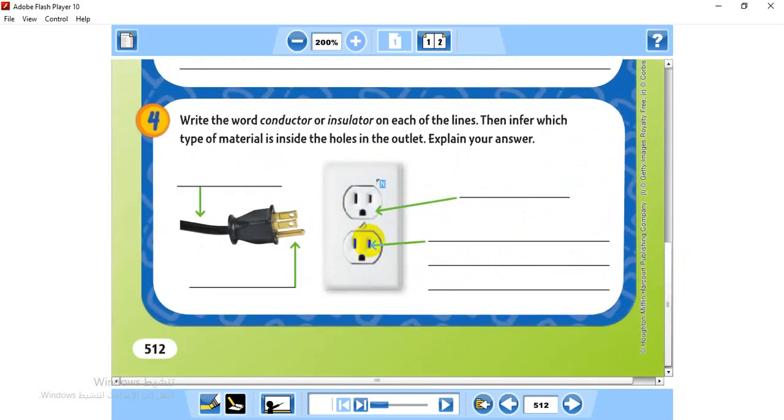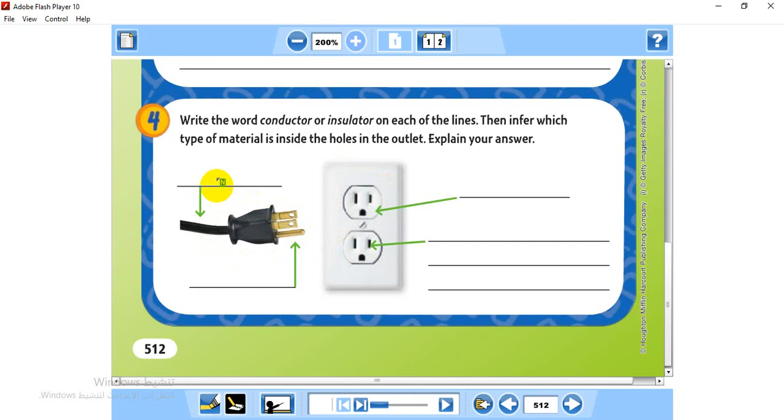They're asking you to differentiate between insulators and conductors. You have to write conductor or insulator in the blanks here. But before you write them, you have to identify which one is an insulator or a conductor. Let's start with this one, the block here. This one is wrapped by the plastic.